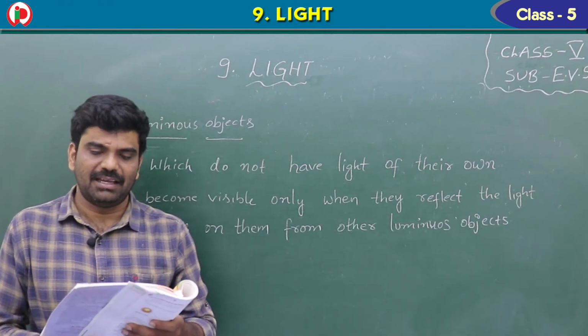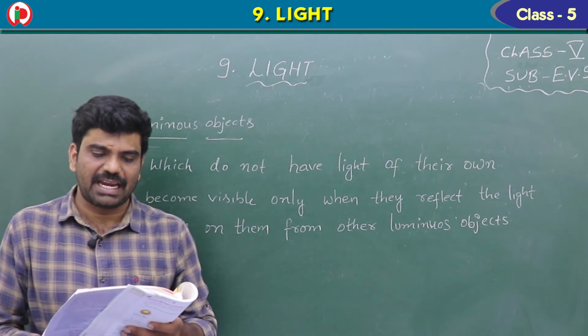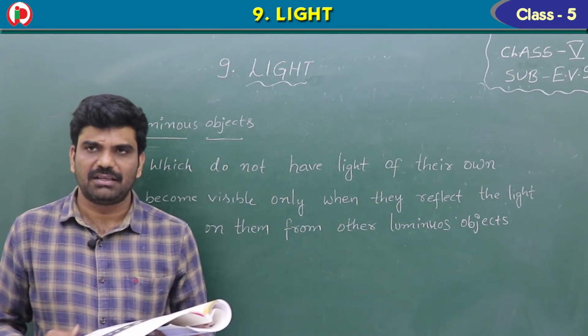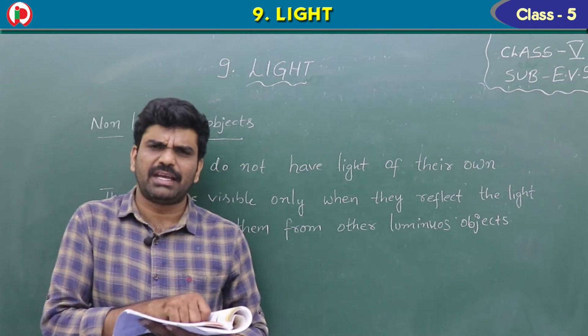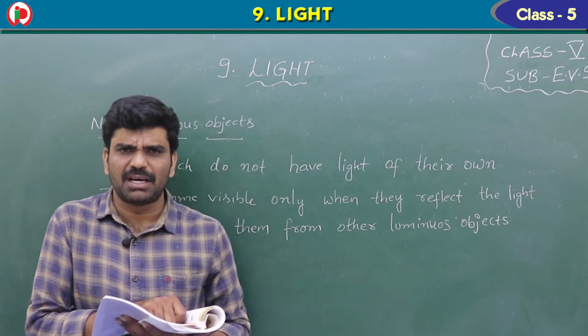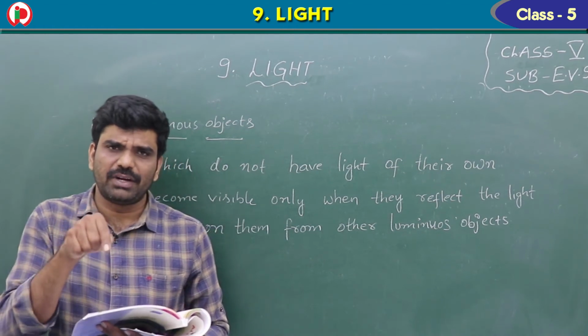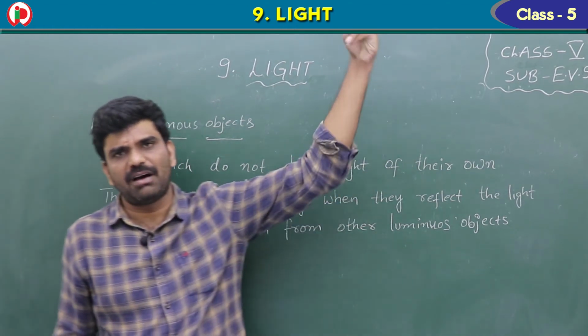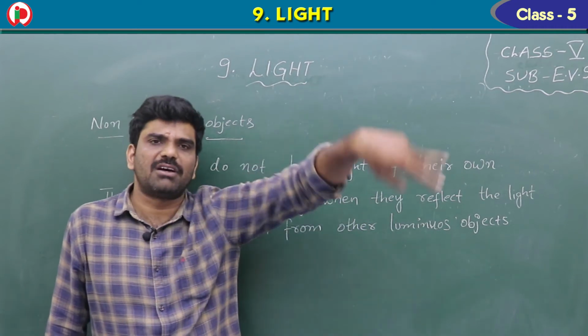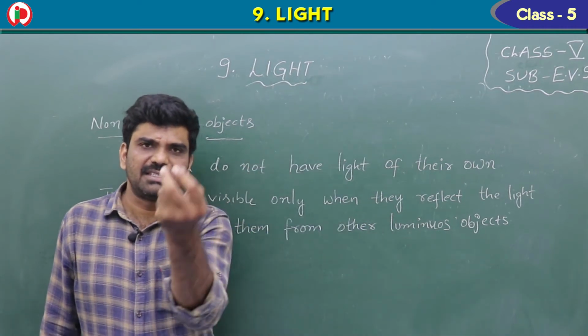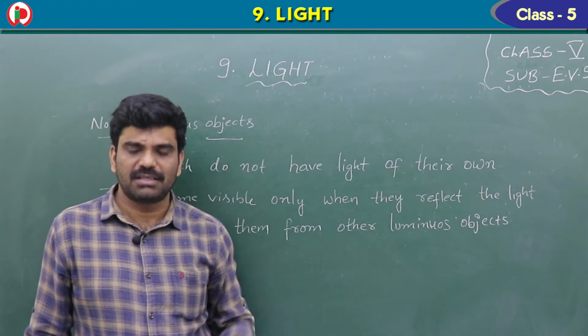During the day, the sun provides sufficient light to illuminate objects on the earth. Whatever you take, like plants, animals, books, benches, all these are present on the earth. During daytime, sunlight falls on all these objects. That is the reason we are able to see all the objects.